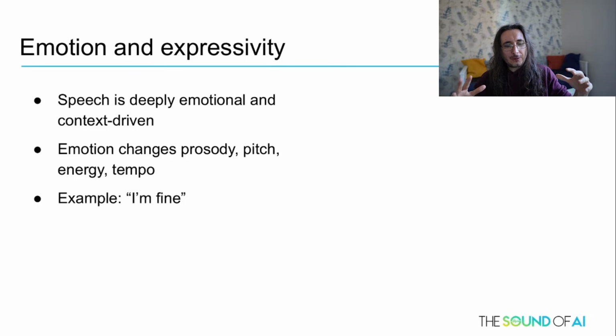The emotional layer is going to affect prosody, pitch, energy, the rhythm, the phrasing. So I want you to think about the complexity of speech and how challenging it is to take such a complex phenomenon and have a machine reproduce it.